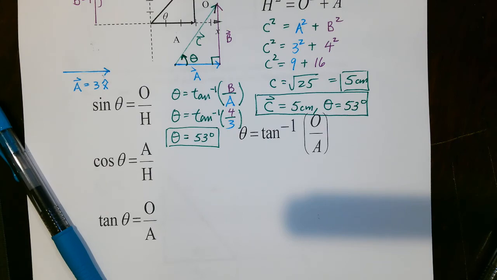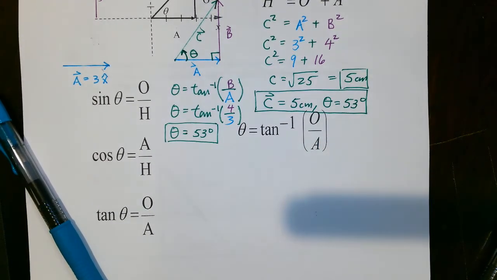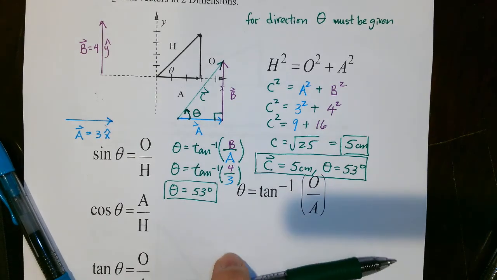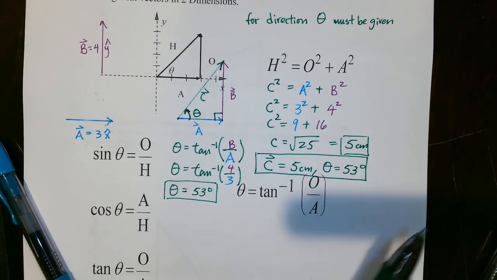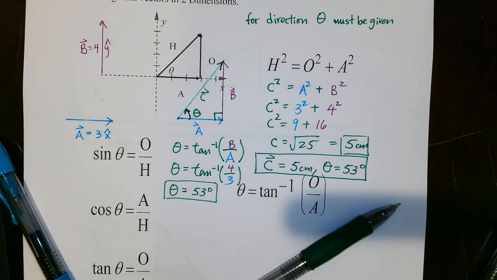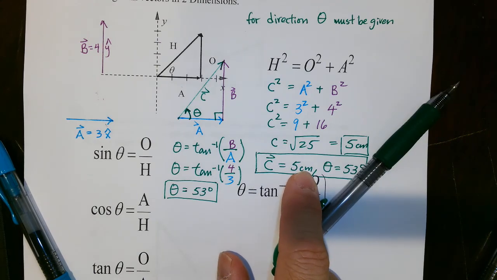That is known as polar form. This tells me the location of this resultant: if I go 53 degrees and then walk that way 5 centimeters, that's exactly the location.